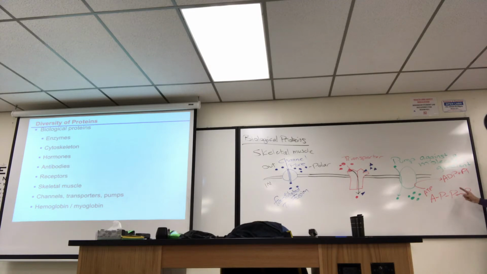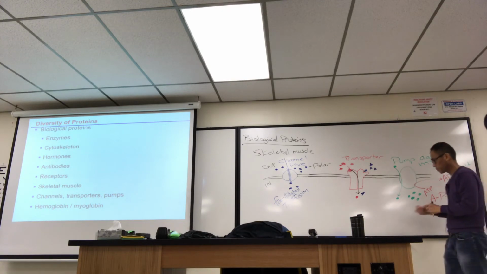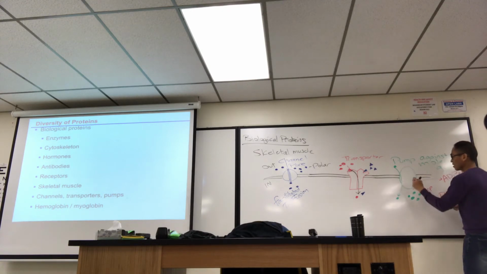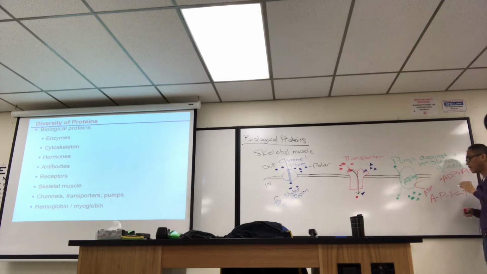But the point is, if you're a molecule and you have an enzyme, say for example ATPase, which would be an enzyme that hydrolyzes ATP, and you break that last bond, energy is released.